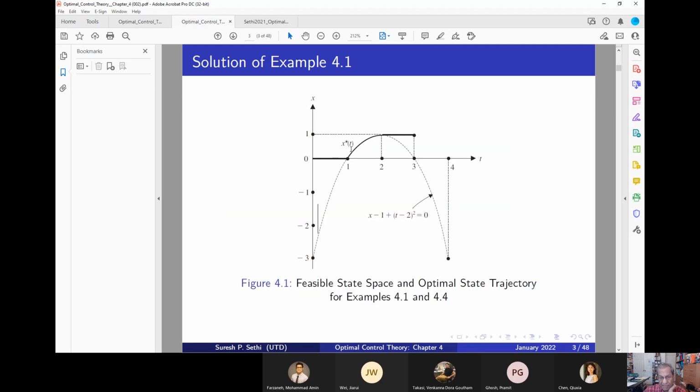Now this is the boundary interval, and this is the interior point because I'm entering the constraint. And here, what am I doing here? Yeah, I'm entering the constraint.